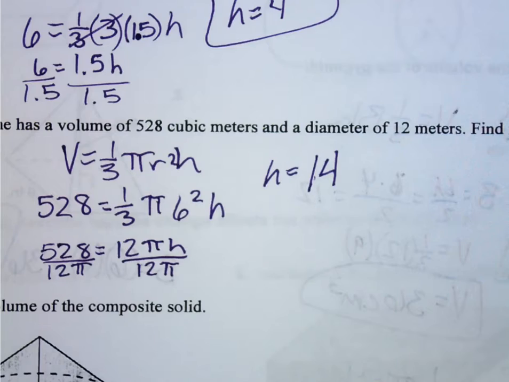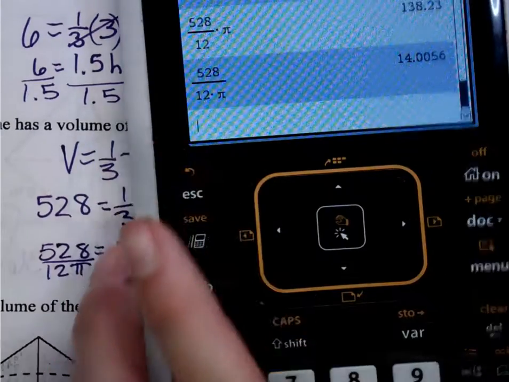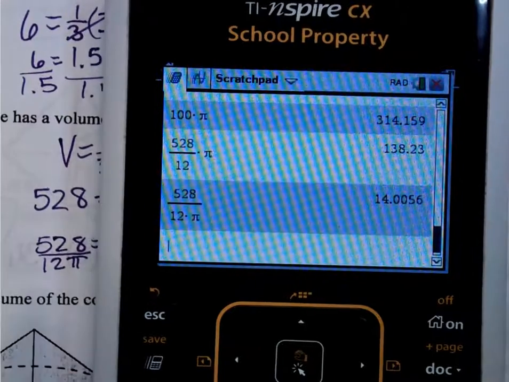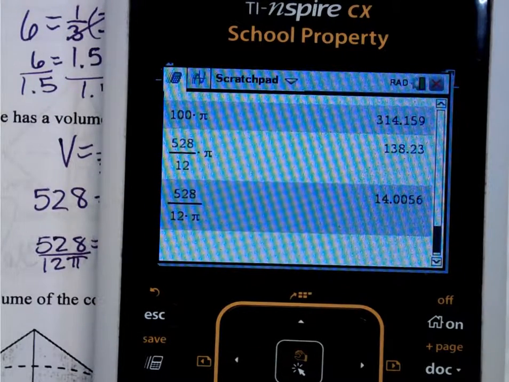getting that answer. But one thing I want to point out in these calculators, something that's easy to do, if you just type in 528 divided by 12 pi, this is what happens. So I don't want y'all to do that and then think, oh, it's 138, we're done. Make sure you look and see what's going on.